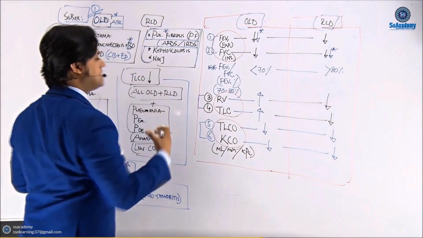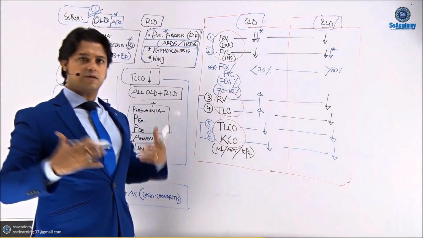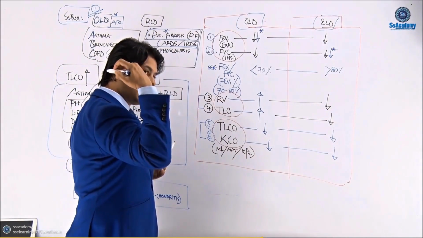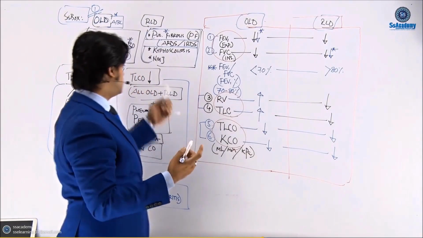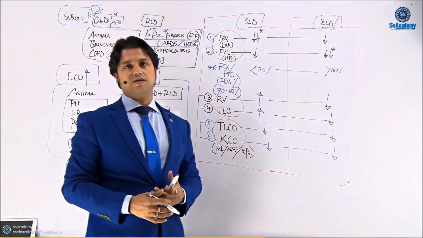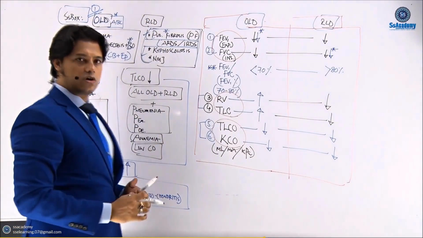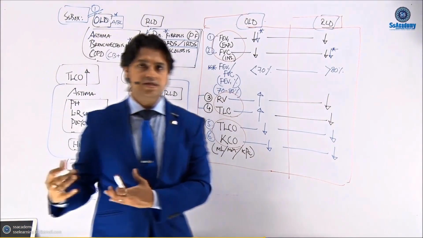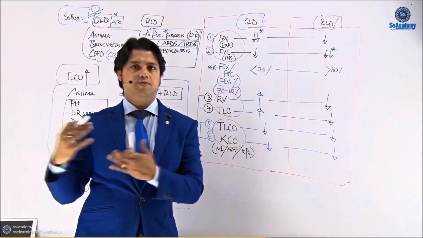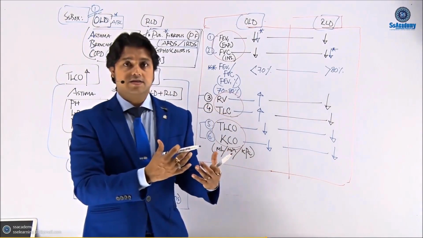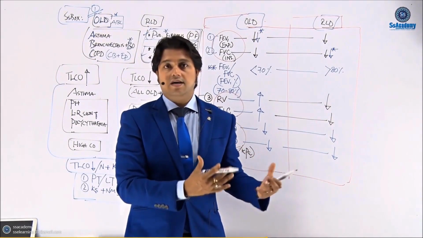And second box is the chest wall restrictions. Sometimes the costochondritis, sometimes the kyphoscoliosis, right on the back, and sometimes, yes, the neuromuscular junction disorders. So restrictions. So the summary talk: the obstructive lung disease, the ABC, asthma, bronchiectasis, bronchiolitis obliterans, and C for COPD. And restrictive lung disease, the fibrosis, ARDS, IRDS.